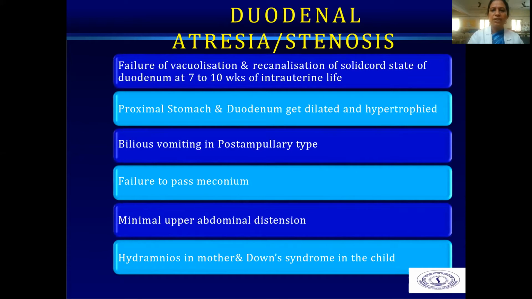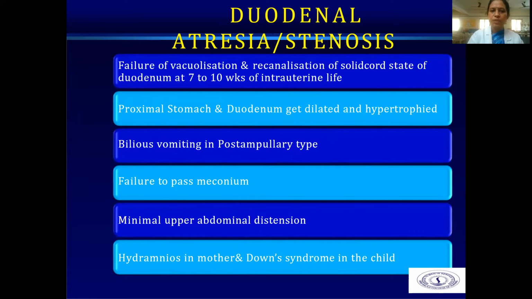Proximal stomach and duodenum get dilated and hypertrophied because of this maldevelopment, leading to bilious vomiting in the post-ampullary type.